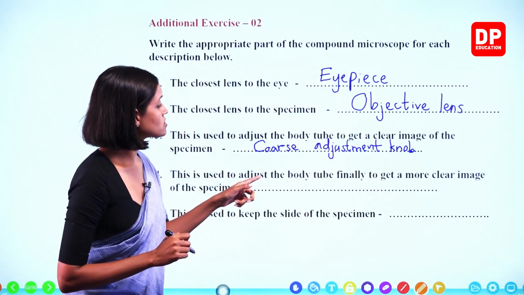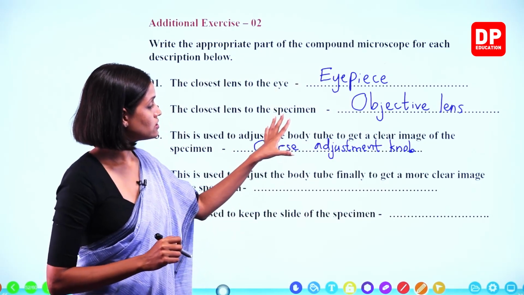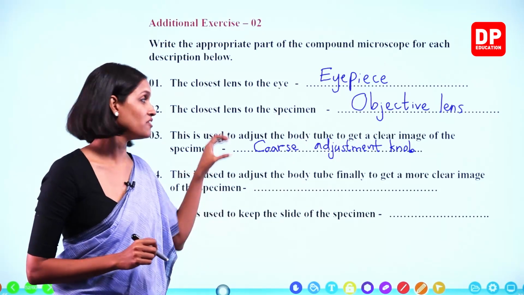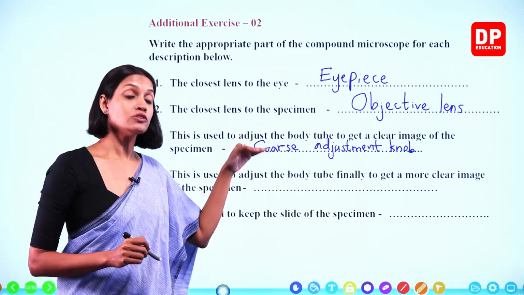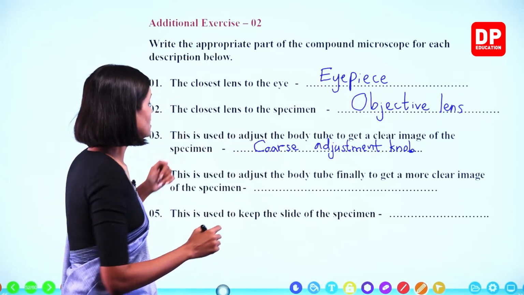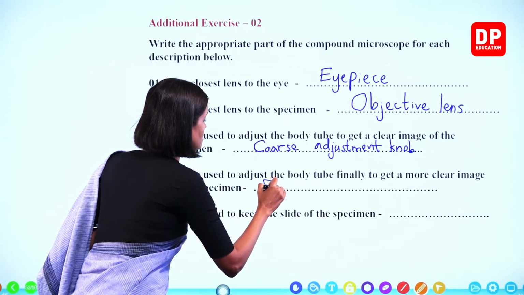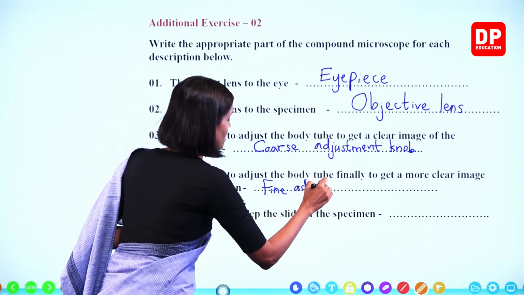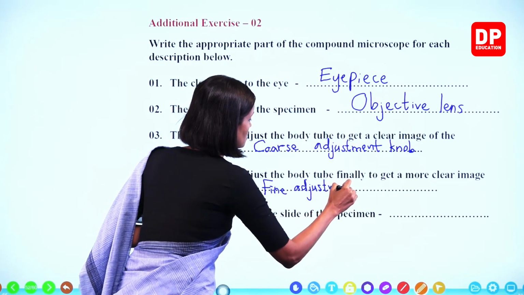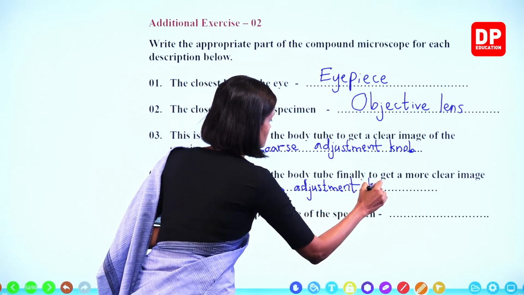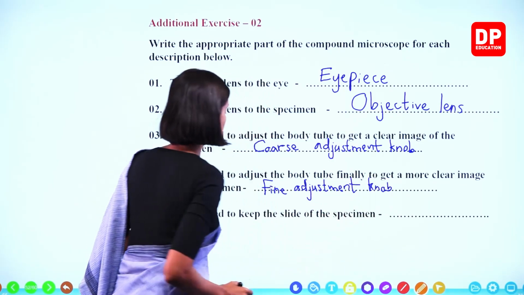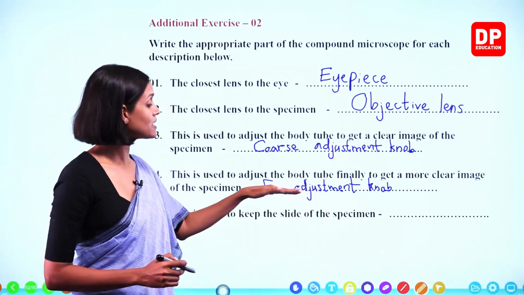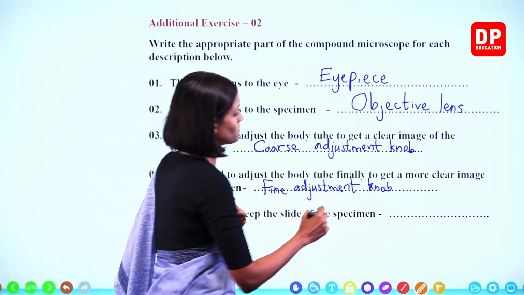This is used to adjust the body tube finally to get a more clear image of the specimen. After adjusting with this one, to get a fine image, we use the fine adjustment knob. This is used to keep the slide of the specimen. Where do we place the slide on? On the stage.